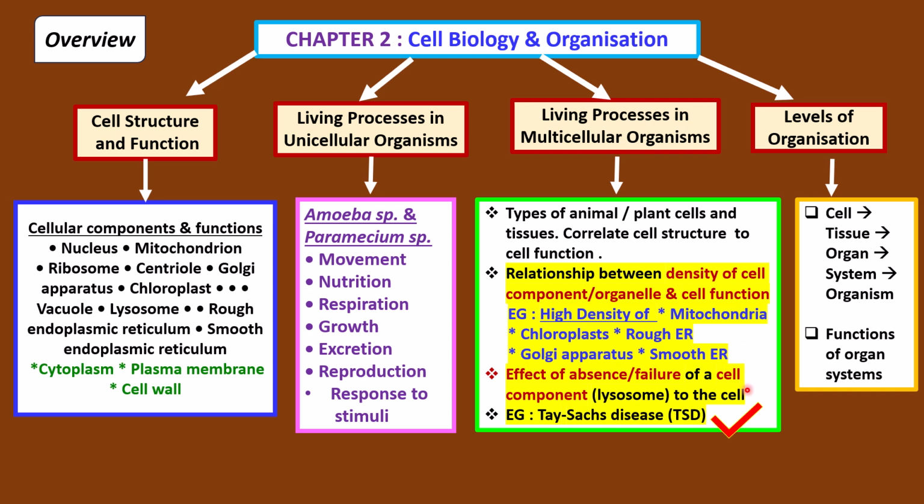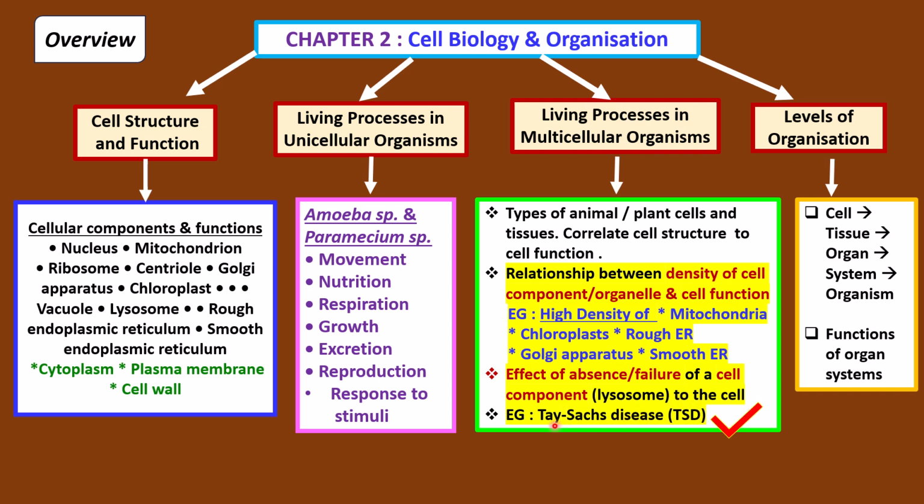Now, then we'll discuss finally the effect of the absence or failure of a cell component like the lysosome, okay, an organelle in the cell. What's the effect of the failure of the lysosome to function on the cell, okay?